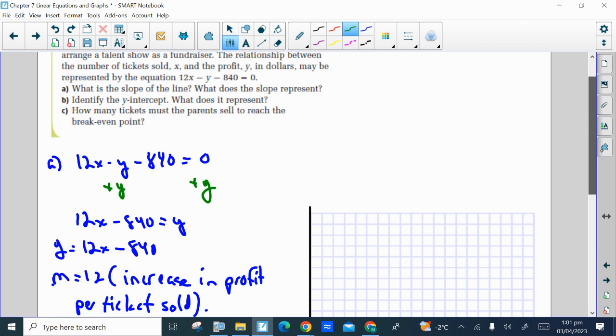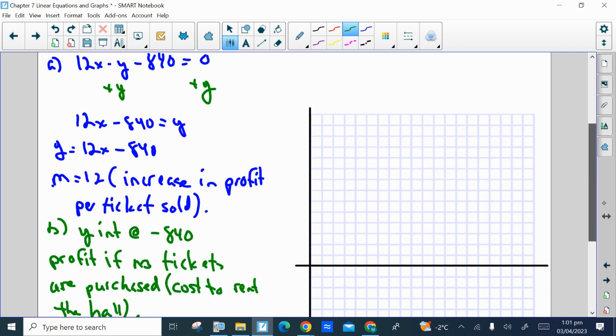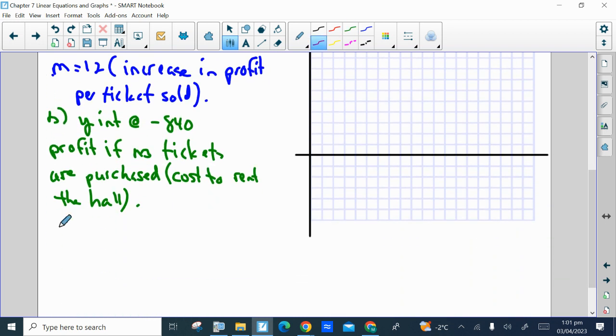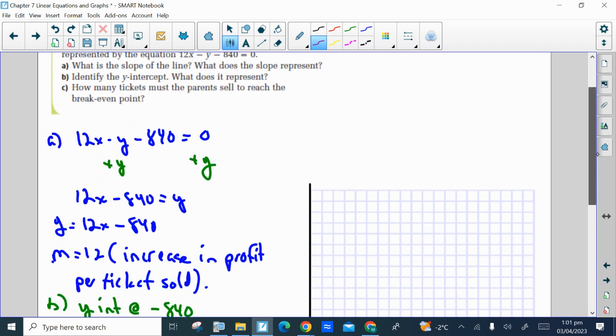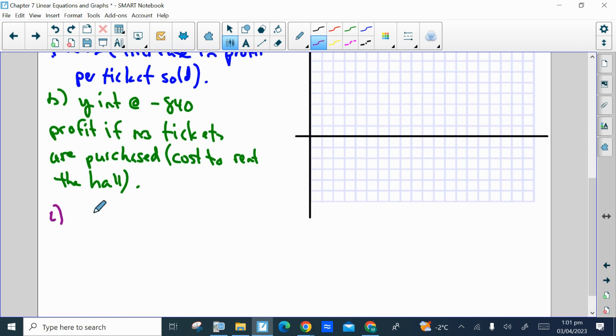Part C, how many tickets must the parents sell to reach the break-even point? So again, that will be when profit is 0. And we should use the original equation, 12x minus y minus 840 equals 0. In order to break even, y is 0. Y is the profit. And if they're breaking even, y is 0.